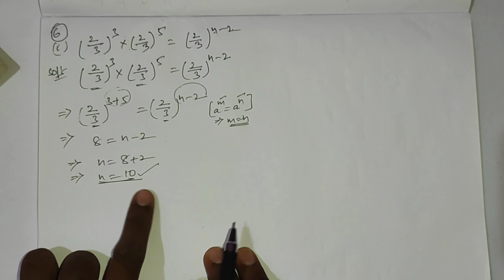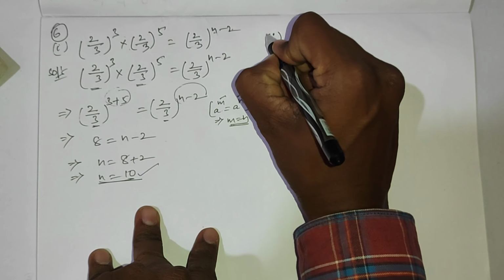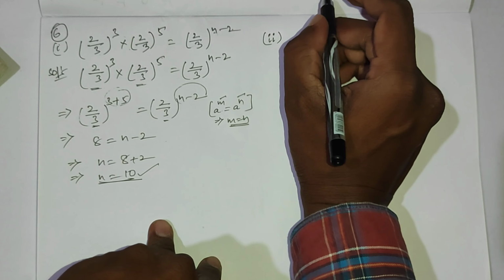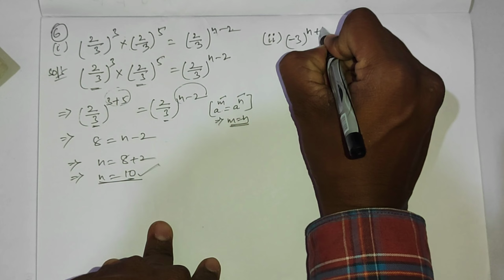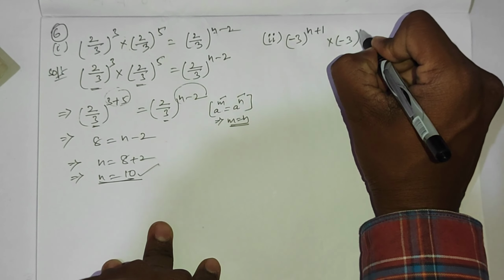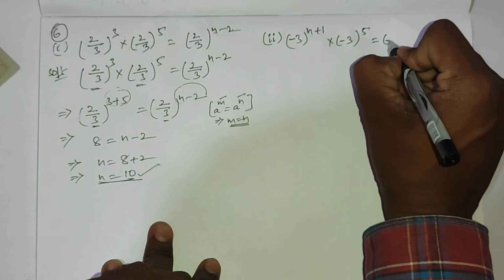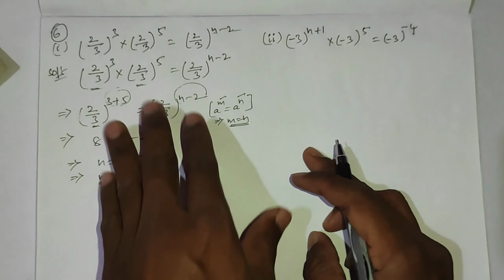Then the second question: (minus 3)^(n plus 1) into (minus 3)^5 is equal to (minus 3)^(minus 4). Again the same process.